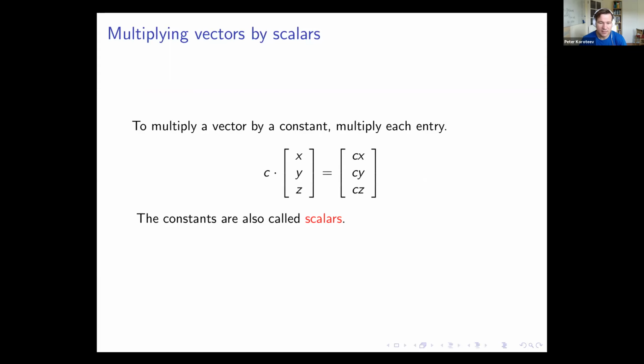These constants are also called scalars, as opposed to vectors, which are ordered lists of numbers. You can say that they scale vectors. The word scalar means that they scale or change in magnitude, so they either expand or squish or extend the values of the vectors.